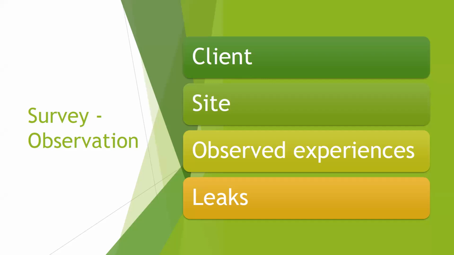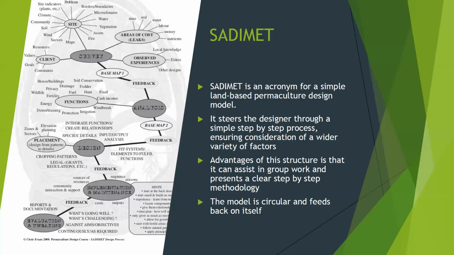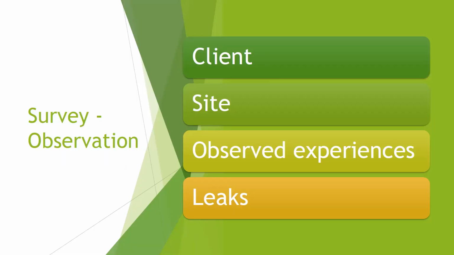There's a little PDF on the webpage that you can look at, which takes us through. It begins with observation. We're going to observe the client, the site, and then what information can we find around, and what are the leaks? Where's the energy running out of the site? And that might be the places where we can make the most impact most quickly.